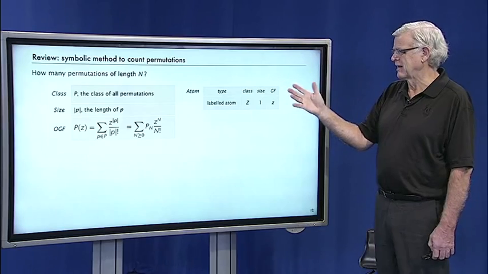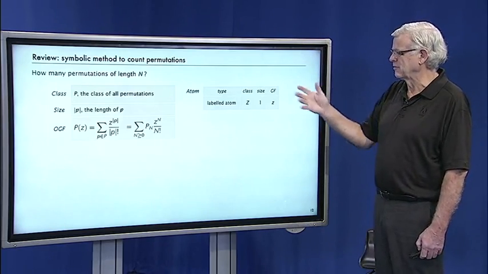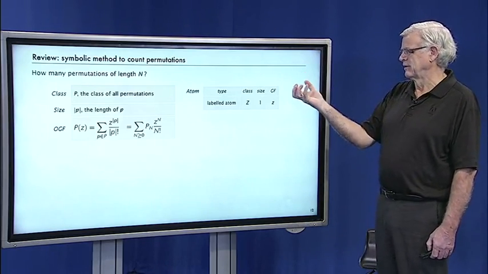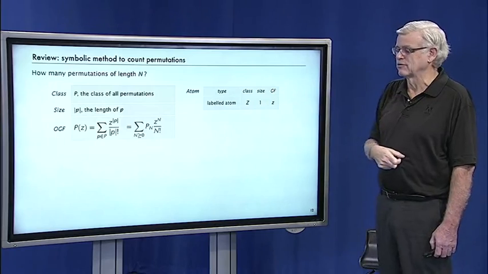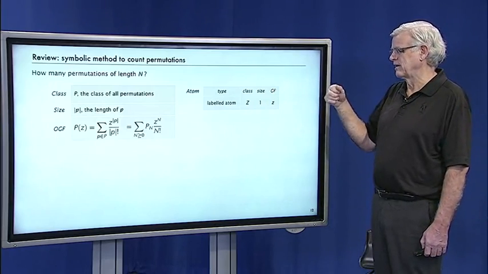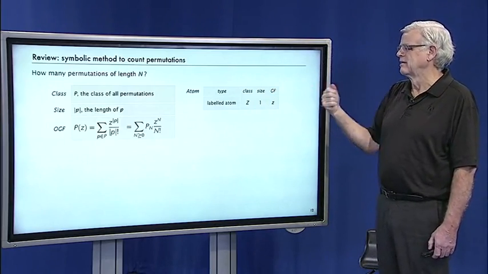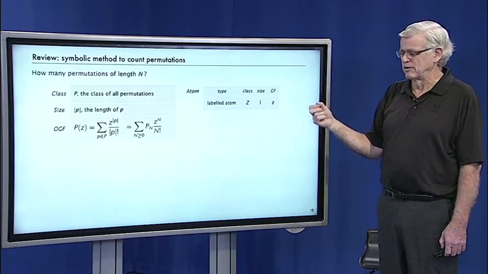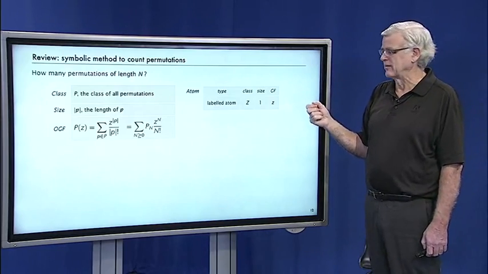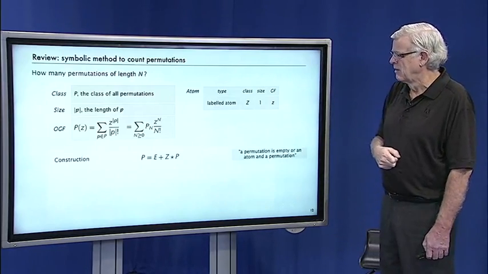one way to count permutations using the symbolic method, we define the class of all permutations and the exponential generating function, which is each permutation z to the size divided by size factorial, which is equivalent to sum on n of the number of permutations of size n, z to the n over n factorial.